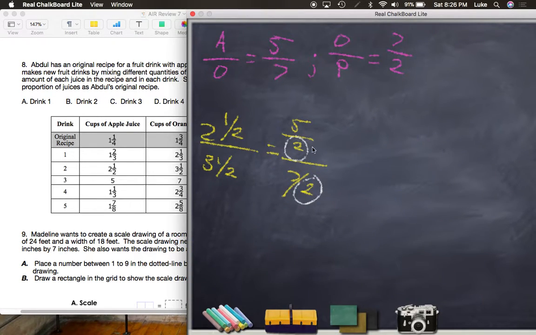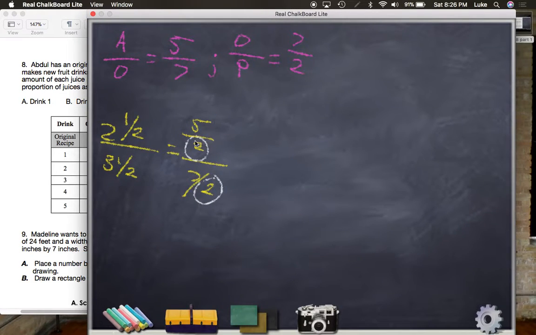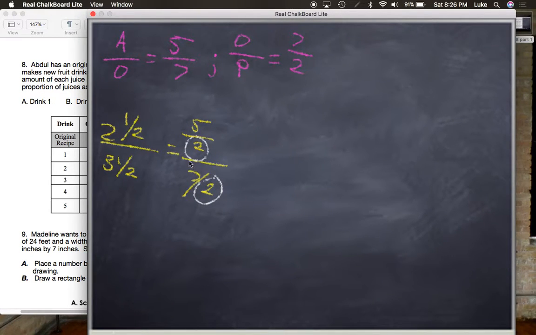So not to jump the gun too much, but I'm going to show you why it's important to notice those relationships when we have the same denominator in a compound fraction, which is also known as a division between fractions. So we have 5 over 2 divided by 7 over 2, but I'm going to take that reciprocal of 7 over 2 and multiply it, making it 2 over 7. Now here it is.